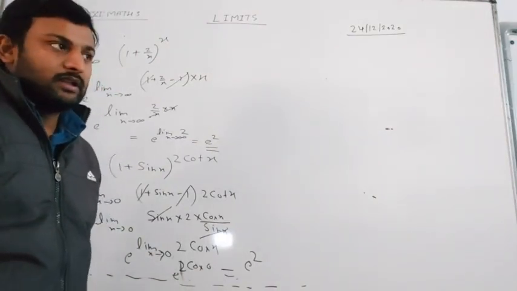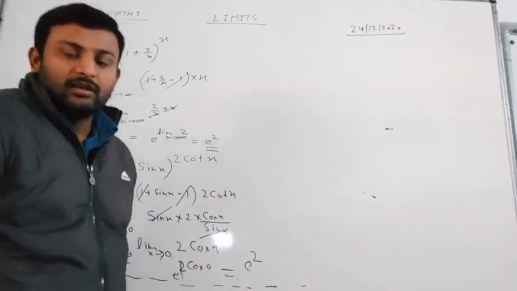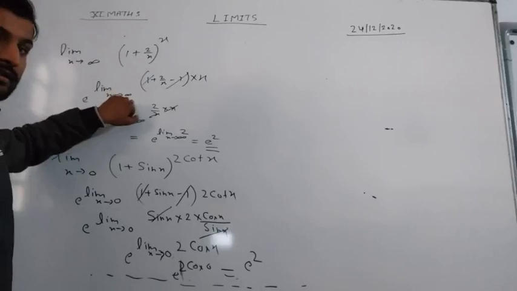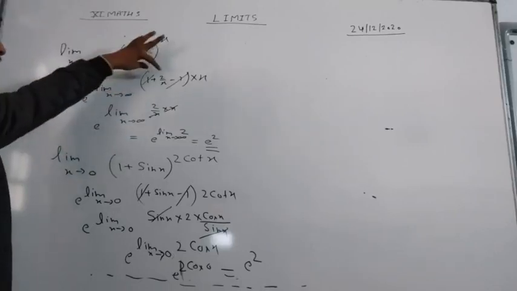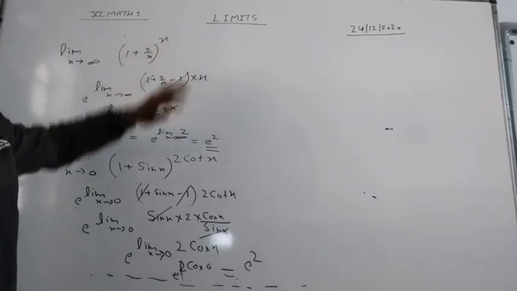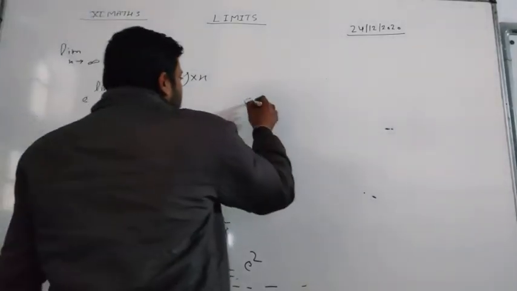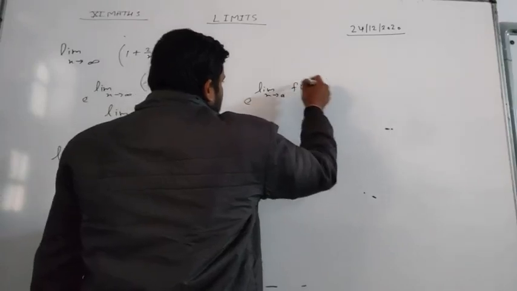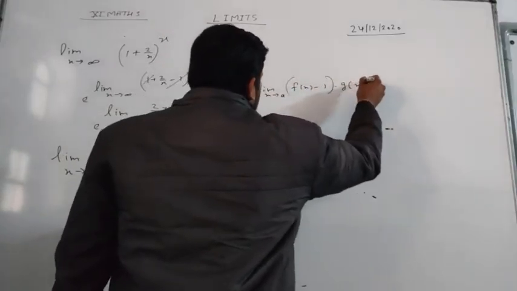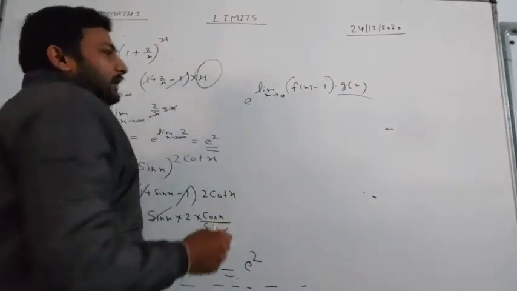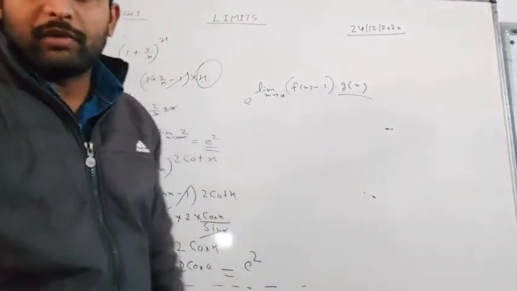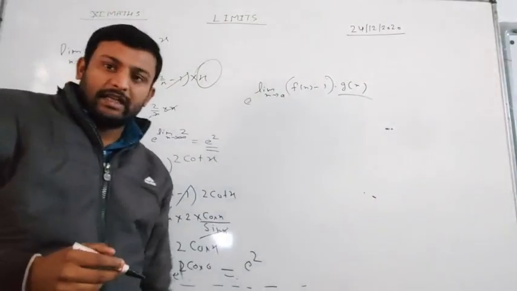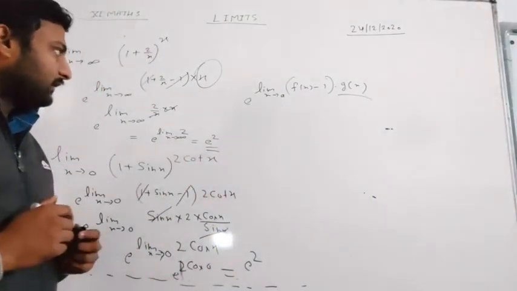Okay, so the method of solving such type of limit is, first we write e to the power limit x tends to 0, and here f(x) minus 1, we always write e to the power limit (f(x) minus 1) into g(x), and g(x) is the term which is in the power or index. Okay, so we apply this formula and solve such type of limit.